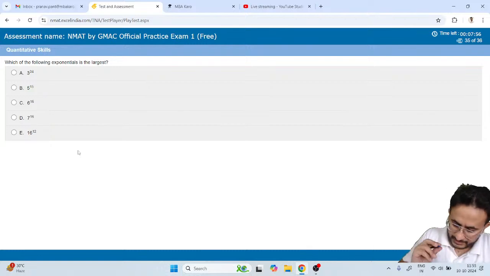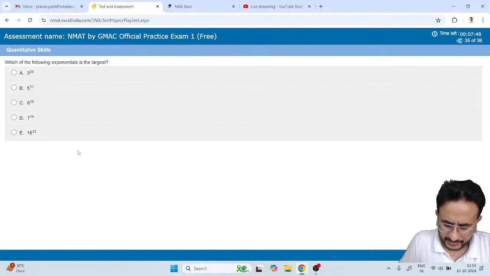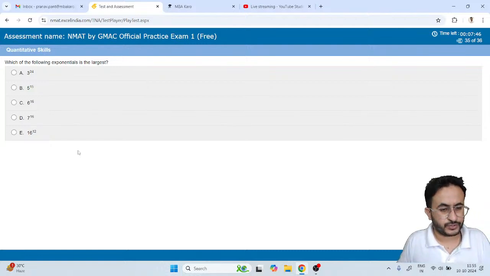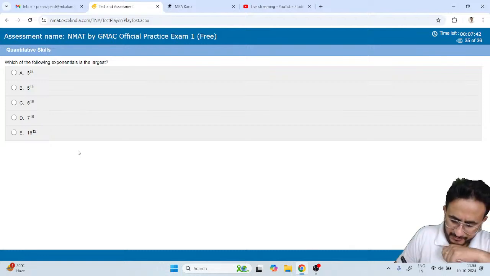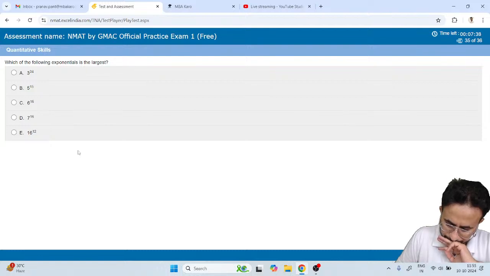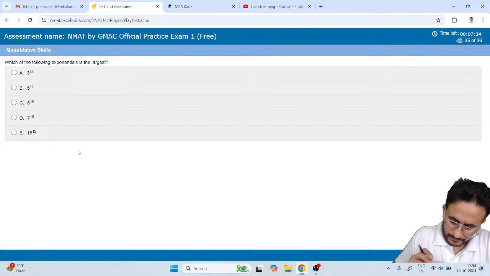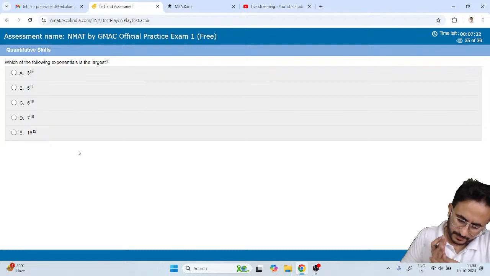Now we can eliminate 5 to the power 15 and 6 to the power 16. 9 to the power 17 will definitely be more than 7 to the power 16, so option D is also eliminated. Now we are left with 9 to the power 17 and 16 to the power 12.